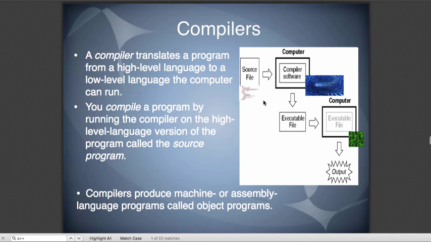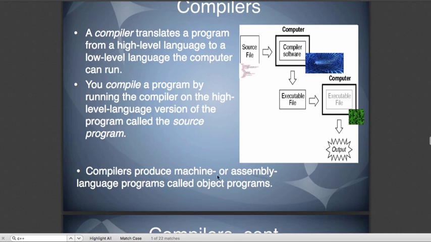Reviewing how a compiler works, we take our source code and give it to the computer. The computer uses a program called a compiler to create the ones and zeros that it needs to execute. The compiler produces machine or assembly language programs called object programs.